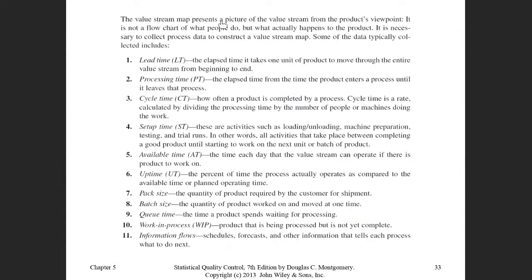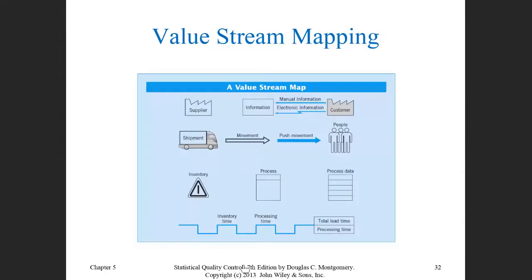The value stream map presents the picture of the value stream from the product viewpoint: how the product is traveling, not how the process is conducted. Sometimes you demonstrate the human with a circle shape.